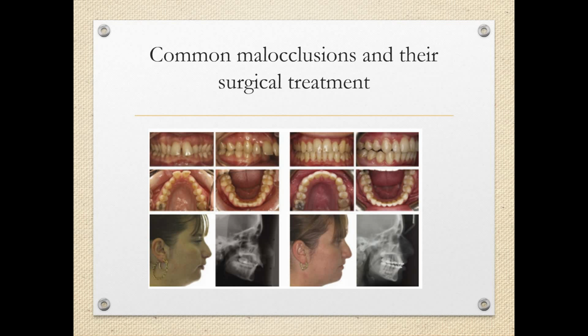Isolated mandibular deficiency often manifests as a class 2 division 1 malocclusion in the presence of a normal or increased lower face height, and a class 2 division 2 incisor relationship with a reduced lower face height.